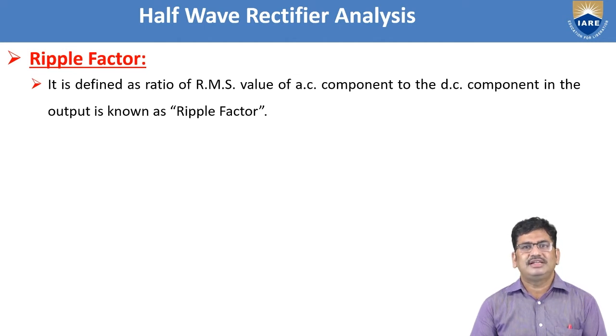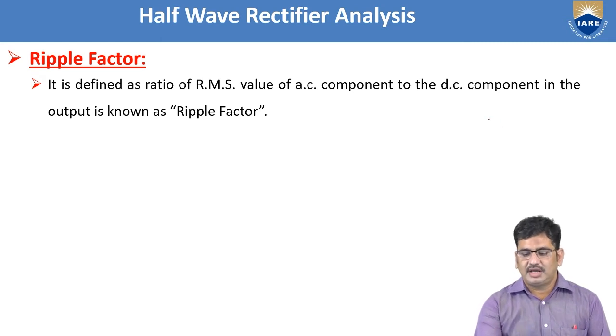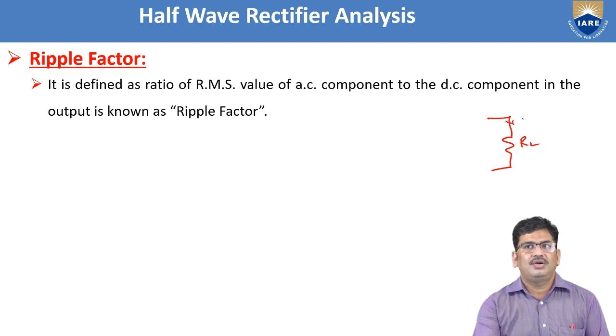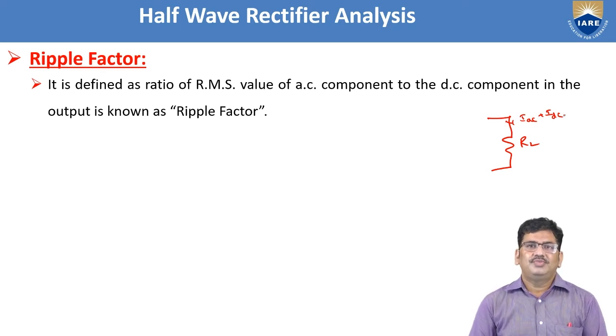Pulsating DC means ripples, which are AC components superimposed onto the DC components. That means across the load resistance RL, we are going to have both IAC and IDC components. The objective of a rectifier is converting AC to DC, so most of the components should be DC and fewer components should be AC.